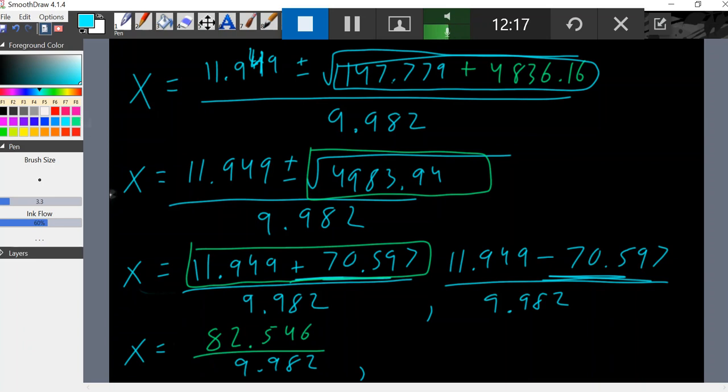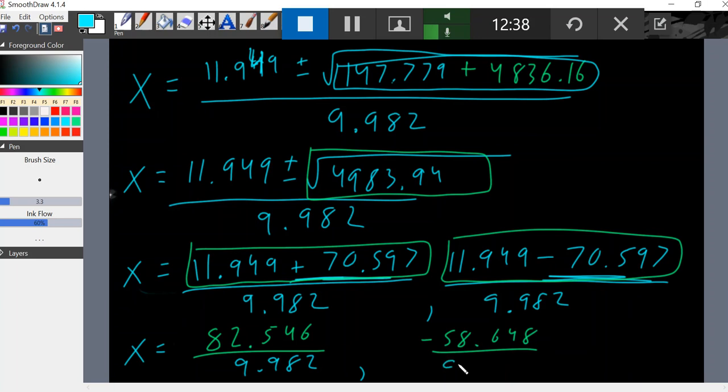And then guys, what about over here? Well, we're going to now subtract these two numbers. So 11.949 minus 70.597, and we're going to get negative 58.648 all over, and of course that bottom did not change, 9.982.